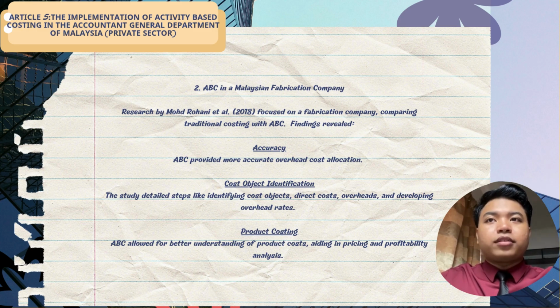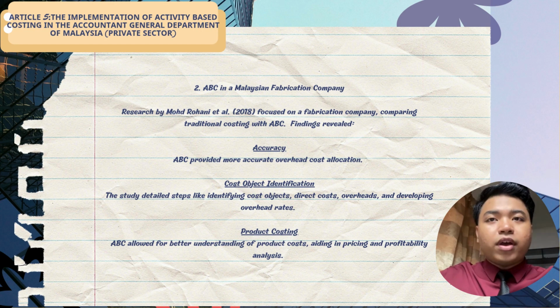This study compared traditional costing methods with ABC in a fabrication company. I would like to explain the key insights. First, ABC gave more accurate product costs. Traditional costing over-generalized overheads, while ABC traced them directly to the activity that caused them. Second, detailed ABC process.